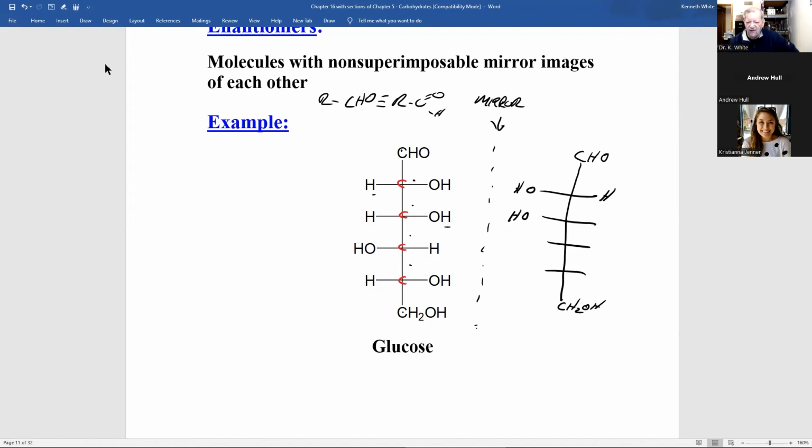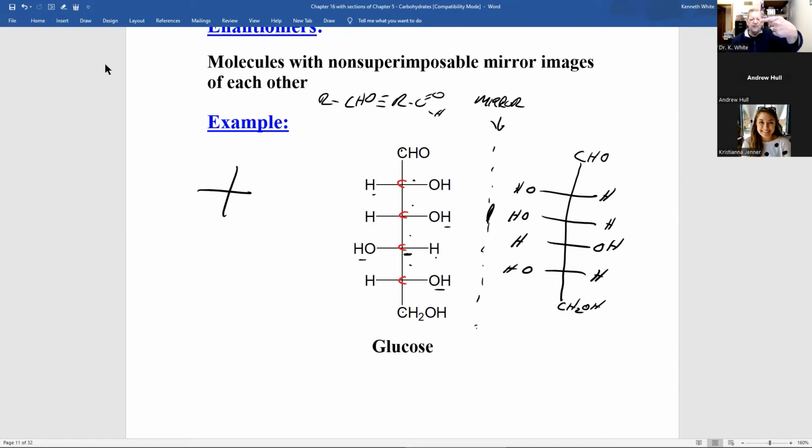The hydroxyl group is closest to my mirror. That's why I like to put it in. Hydrogen is farthest away. This carbon, what's closest to the mirror? Hydrogen. What's farthest away? Hydroxyl group. And the last carbon, what's closest to the mirror? Hydroxyl group.